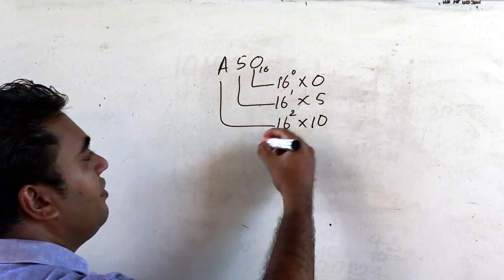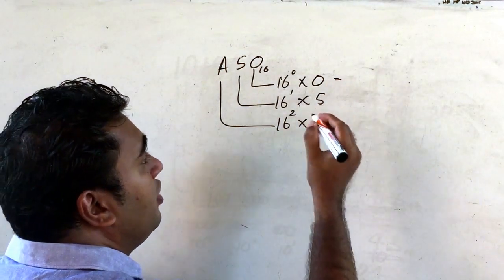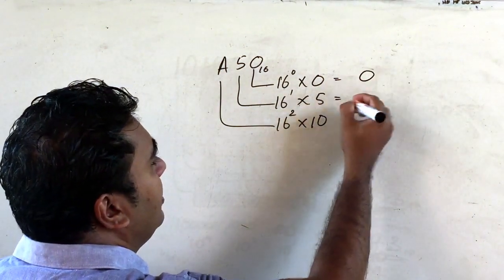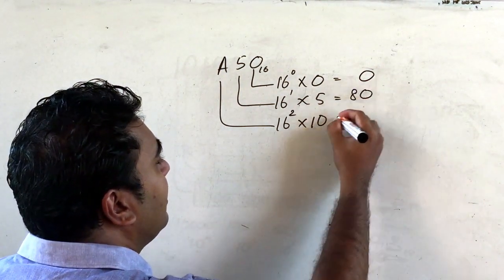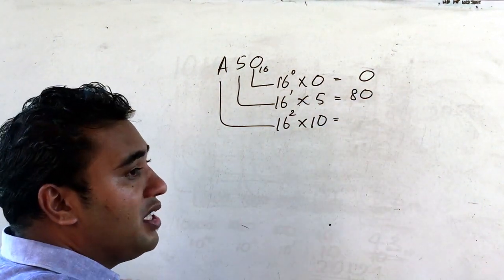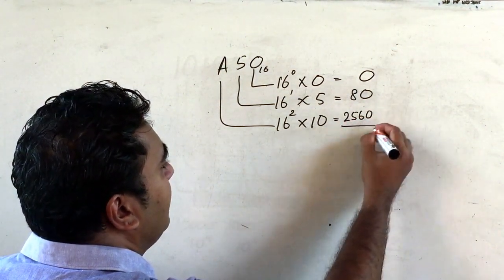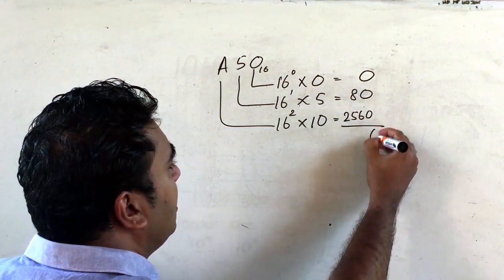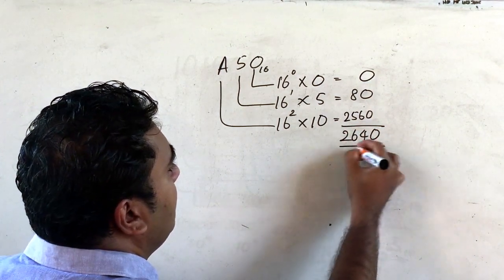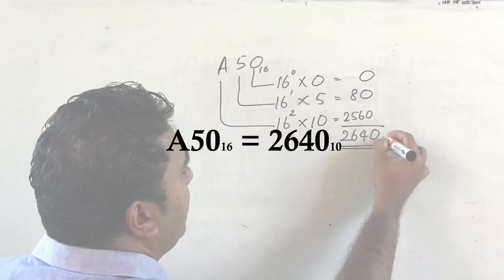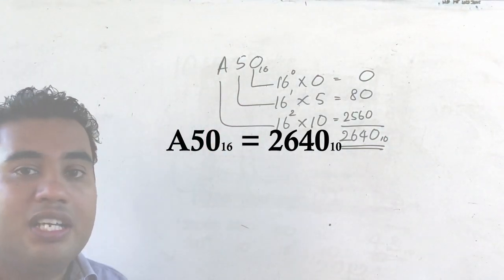So we multiply the place value by 10. 16 to the power 0 is 1. 1 into 0, 0. 16 to the power 1 is 16. 16 into 5 is 80. 16 to the power 2 is 256. 256 into 10 is 2560. So we add them. 0, 80, 2640 in decimal. That is the equivalent of A50 in hexadecimal.